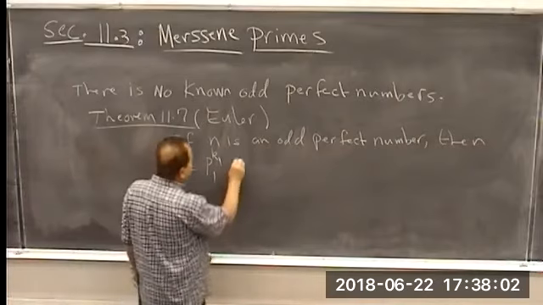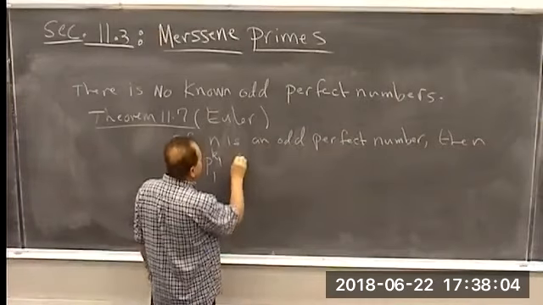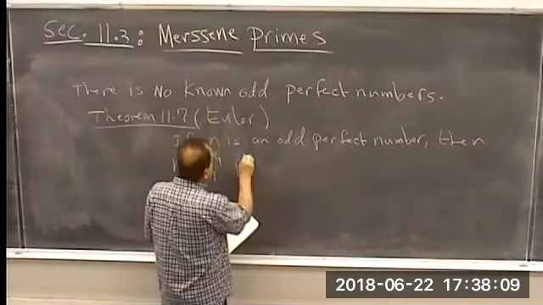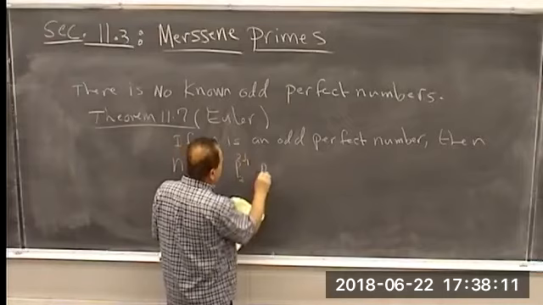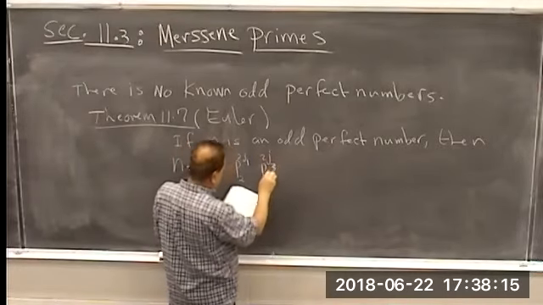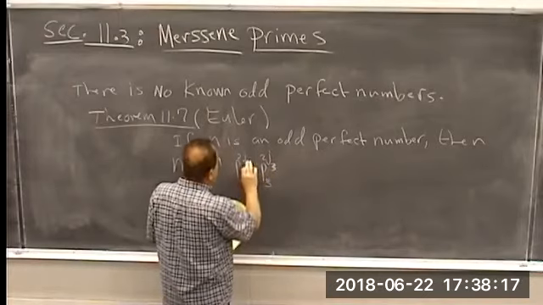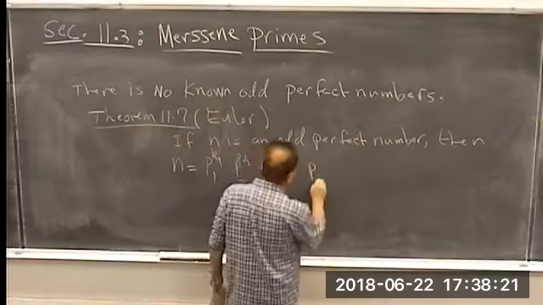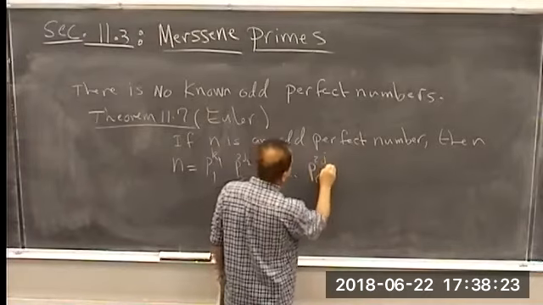Then all other primes are going to appear with an even exponent: P2 to the 2J2, P3 to the 2J3, and so on, up to PR to the 2JR.